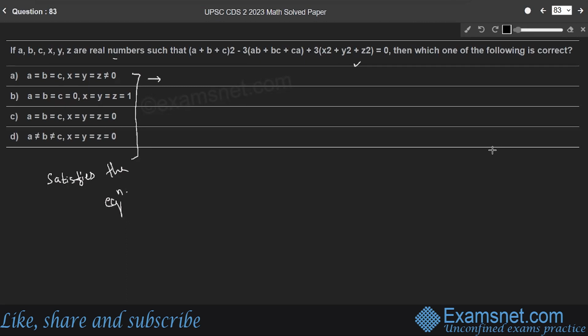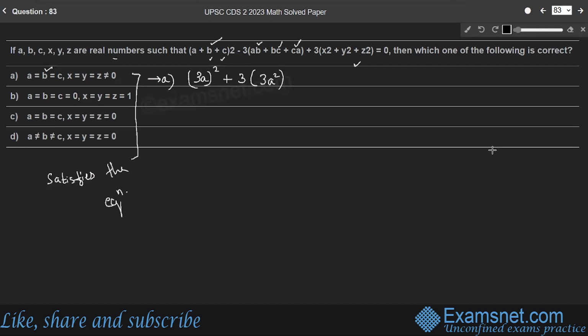Consider option A, where A, B, C are equal and X, Y, Z are equal, not equal to 0. Then the given equation becomes (A plus B plus C) whole square. We'll consider B and C as A, since A, B, C are equal, so it becomes (3A) the whole square, minus 3 times (AB plus BC plus CA), which is A square plus A square plus A square, which is 3A square.